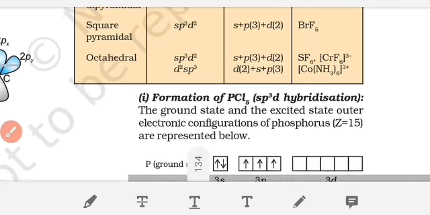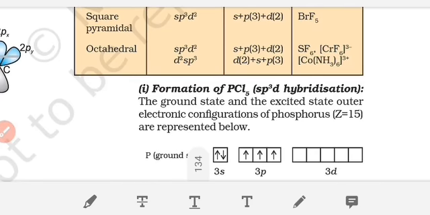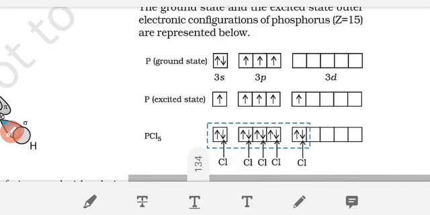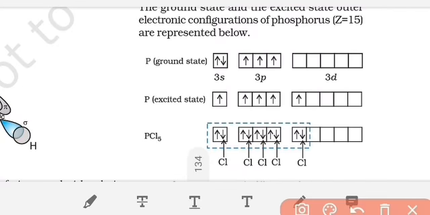Let us discuss some other molecules with other hybridization processes. First, the PCl5 molecule. In PCl5, phosphorus is the central atom and its valence shell configuration is 3s2 3p3.